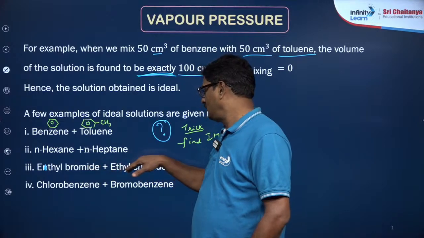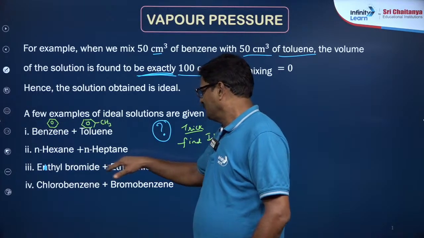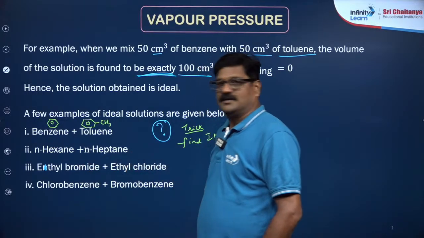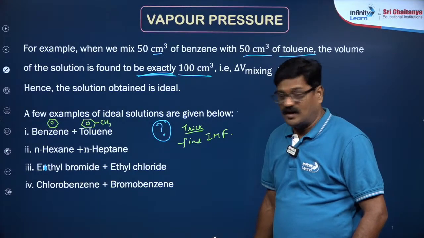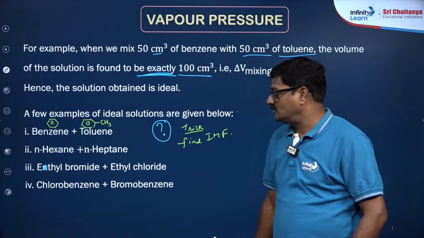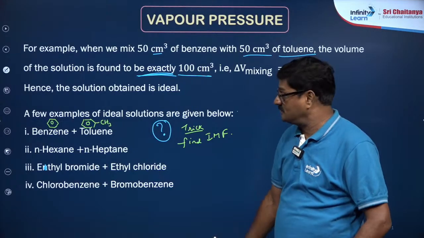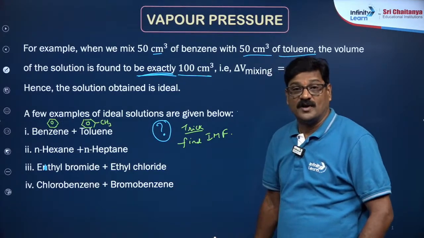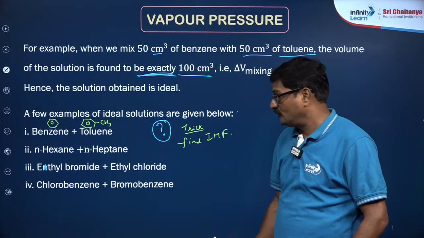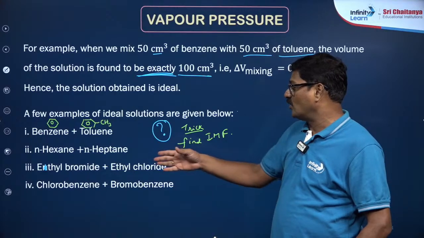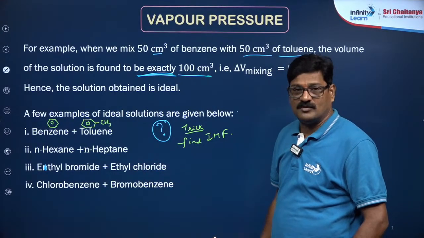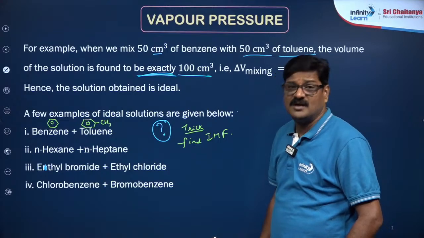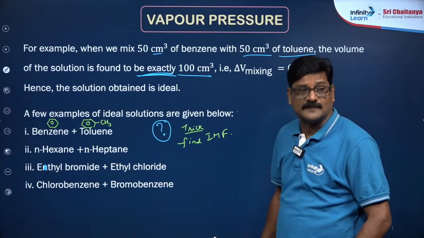Ethyl bromide and ethyl chloride, what kind of force is it? Ethyl bromide has dipole force, ethyl chloride has dipole force. So, forces are same. Chlorobenzene, bromobenzene, dipole force and dipole force. Everything has London dispersion forces.